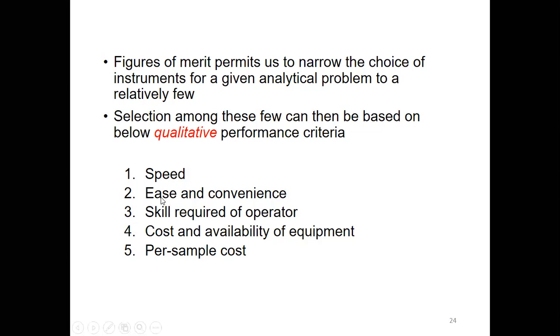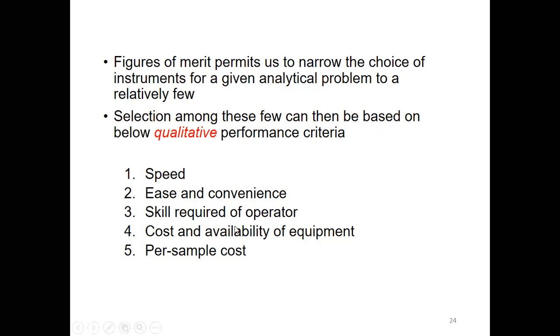And the ease and convenience. Always we should go for the easiest method. And the third one is skill required of operator. If there is no trained person, we will not be able to perform that instrumental method.